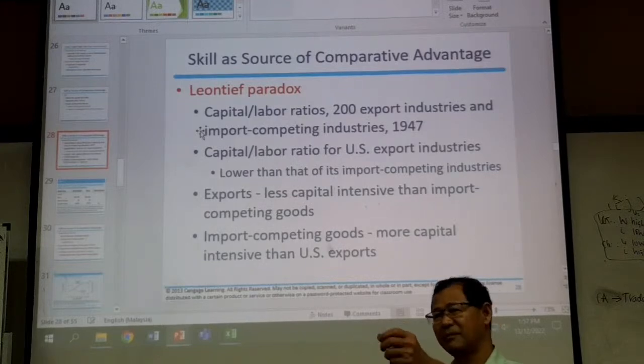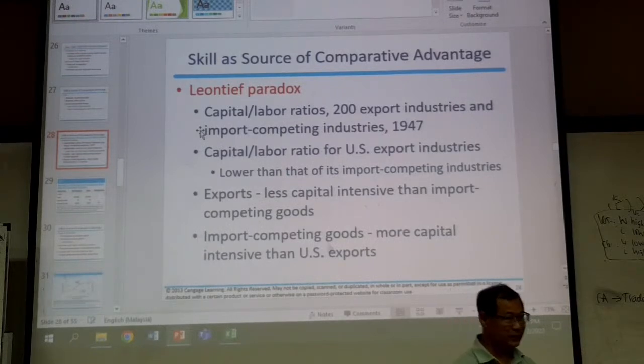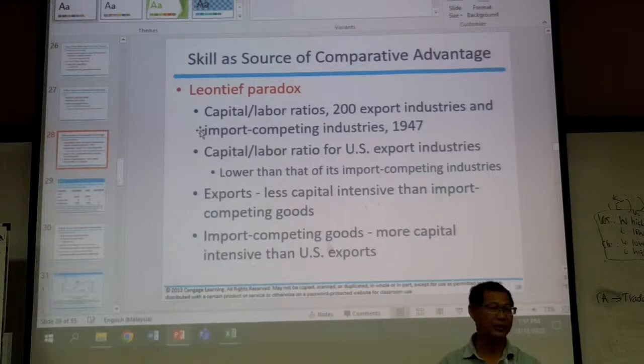Look at here. Very important. It is not in the slide, but it is in the textbook. The slide does not have it; the textbook has it.